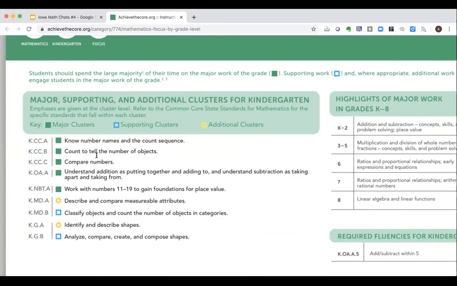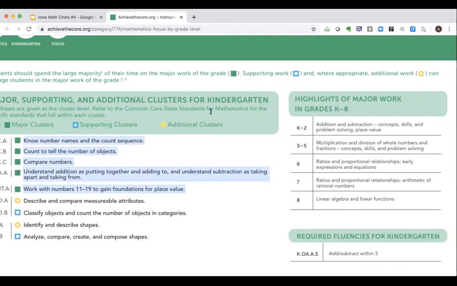So for example, in kindergarten, the main emphasis, meaning the most of the instructional time until students have it, up to 85%, should be used on these green boxes, these clusters, these headings in your standards. They're called clusters because they cluster different size groups of standards together. And again, the number of standards does not matter. We talk about that in previous videos.